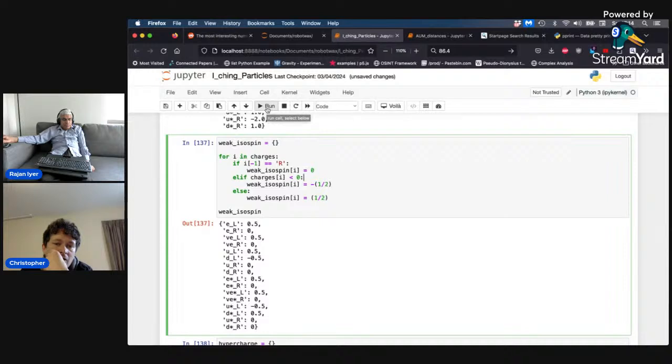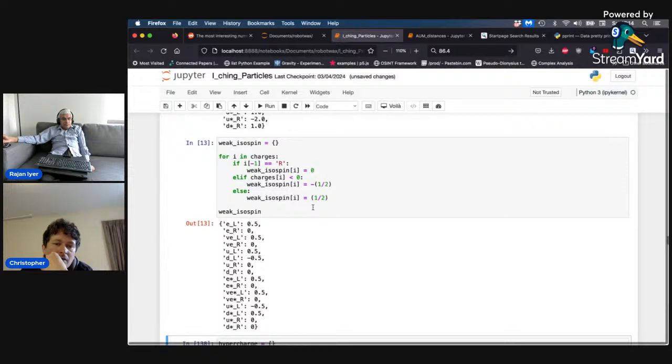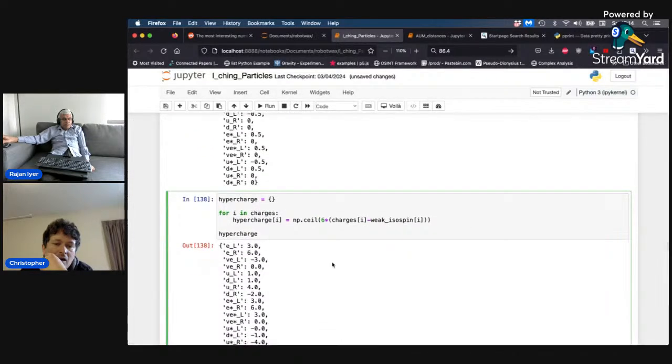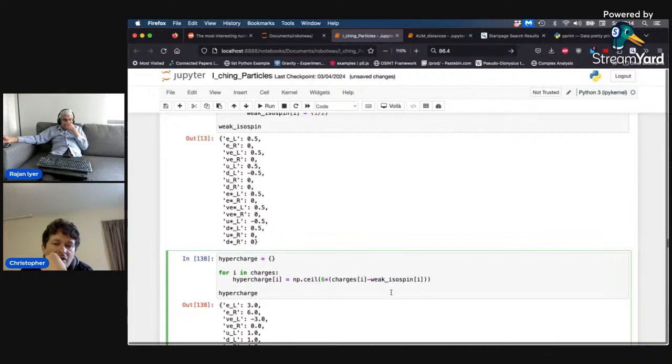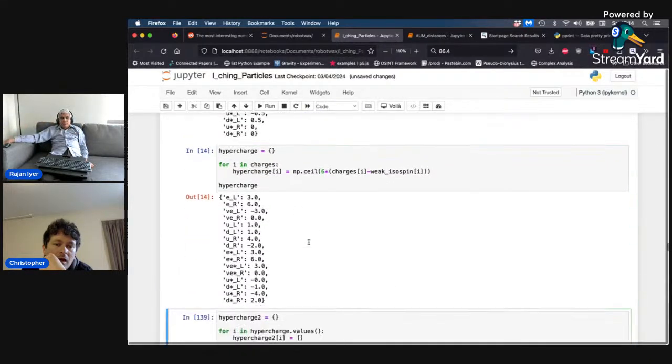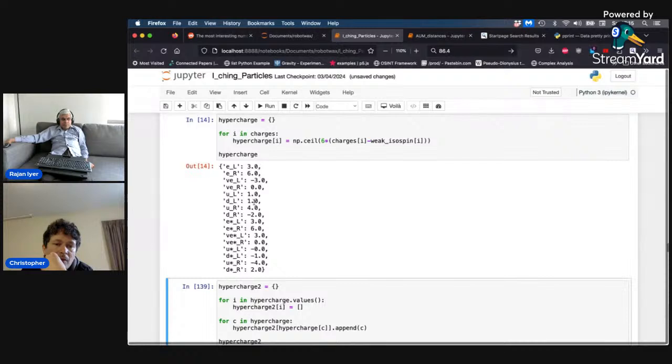It's just a simple formula. And now we create the hypercharge, which is the charges minus the weak isospin. There you see, we have all the values from 1 to 6, but not 5.